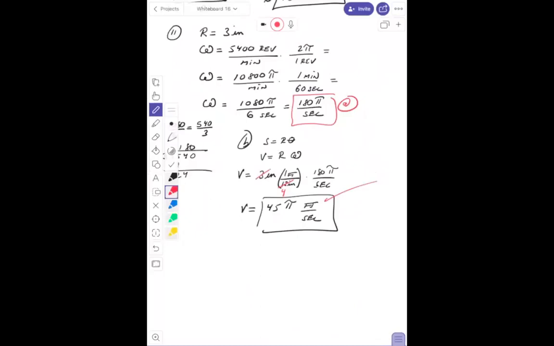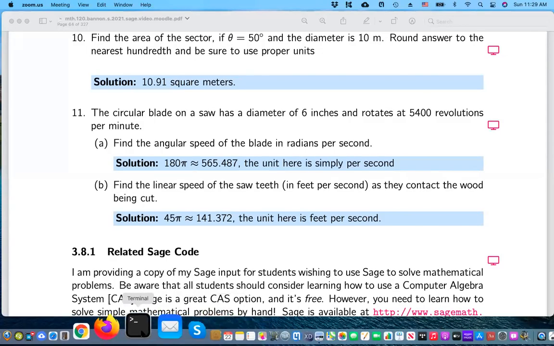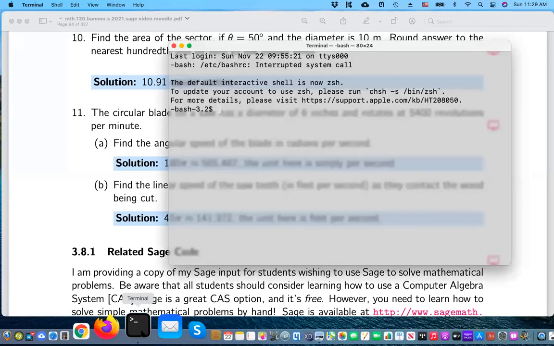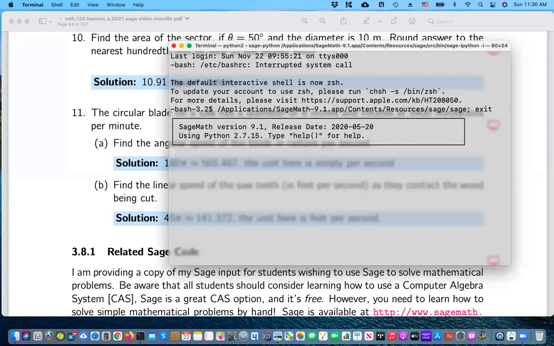Switch to the boards now. Let me open my terminal. I run Sage from a terminal. You can do this calculation on the website sagemath.org.